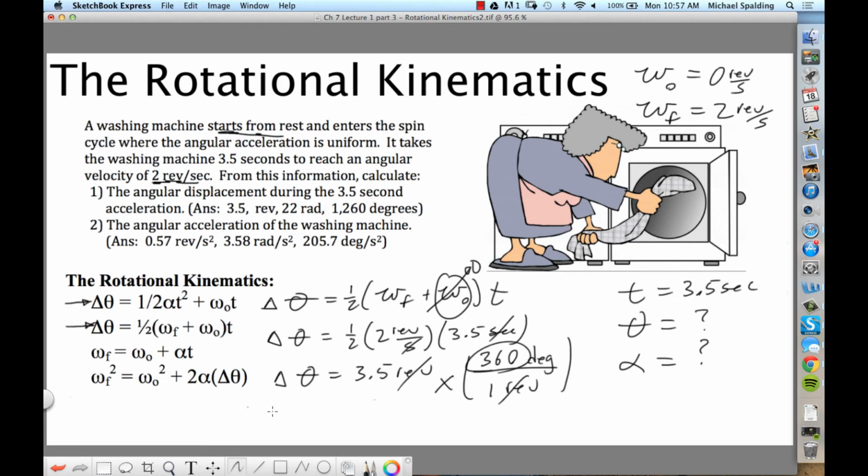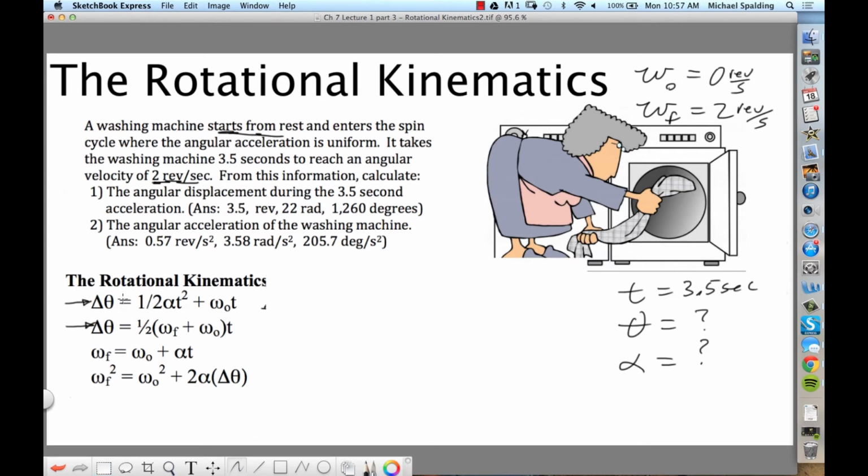All right, so we got the angular displacement. Now, make some room here to get the acceleration. Which kinematic does it? We could either do the third one or the first one. Both of those are fine. Or even, hey, even that one, we have 3 of the 4 that would work. I like this third one.